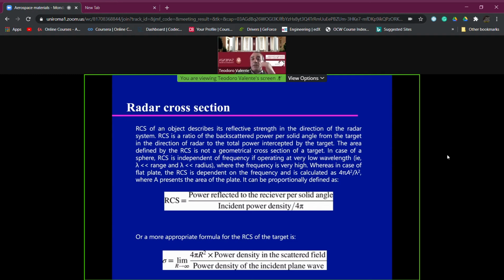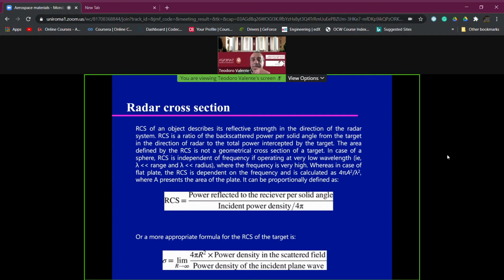Whereas in the case of a flat plate, the RCS is dependent on the frequency and is calculated according, for example, to the formula that is reported here, where A, capital letter, represents the area of the plate, and lambda is obviously the wavelength.